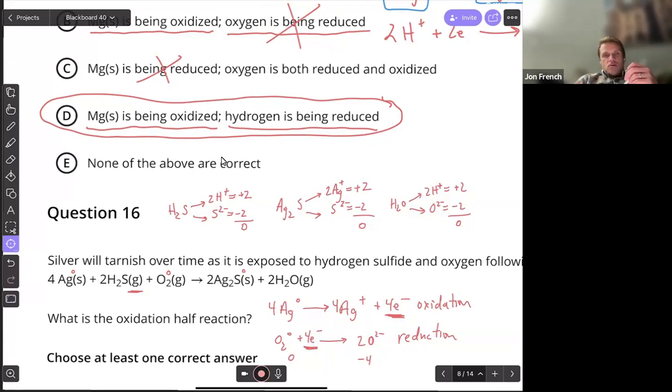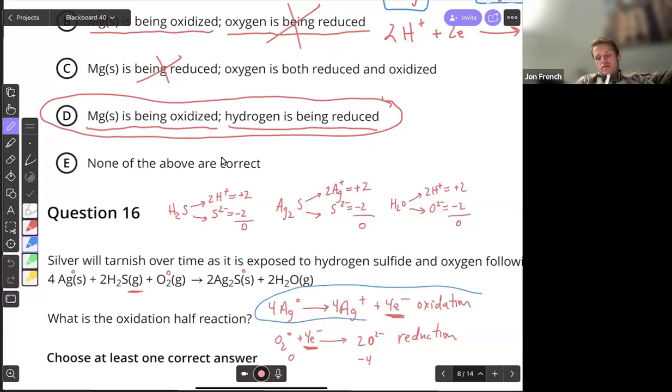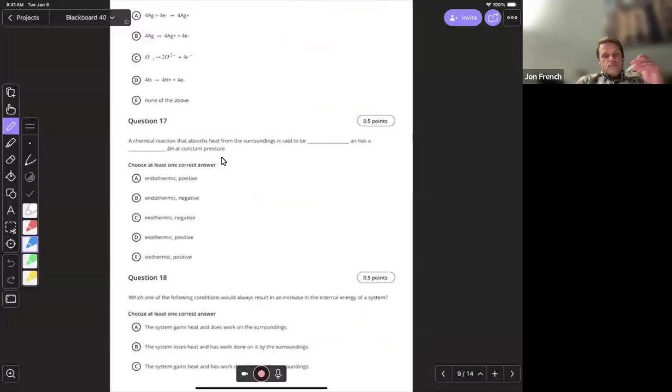So the oxidation half reaction would be this reaction right here with silver losing those electrons. For the final answer, we could reduce that and just say silver loses 1 electron each. It looks like I didn't do that, but that would have been fine. So there's choice B.